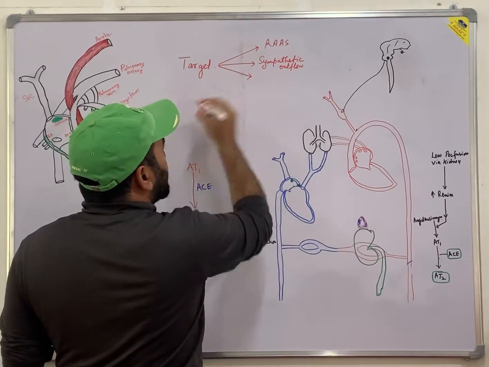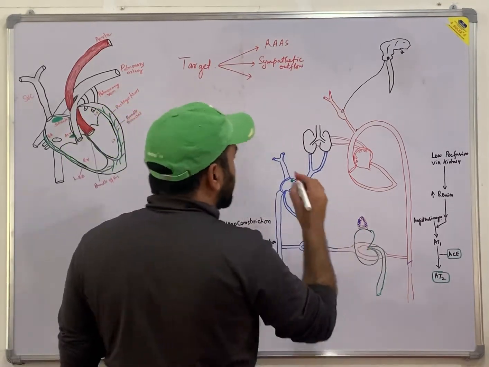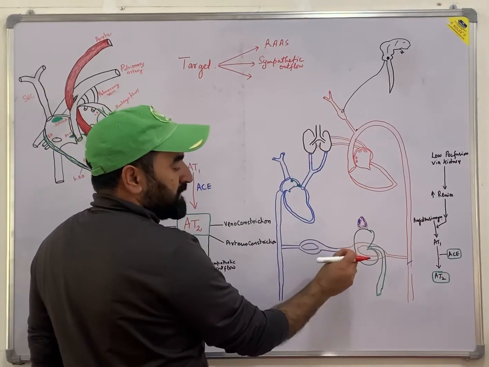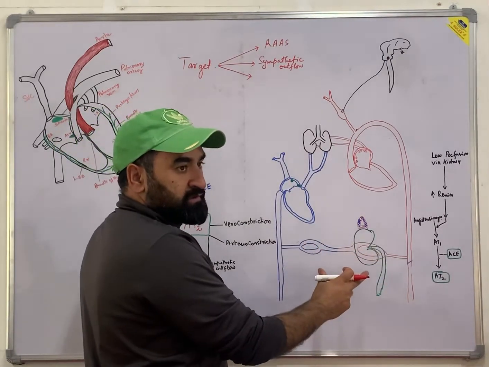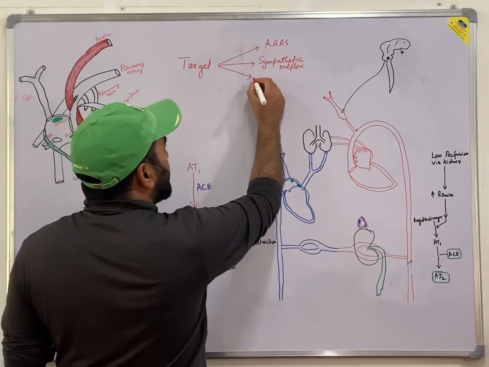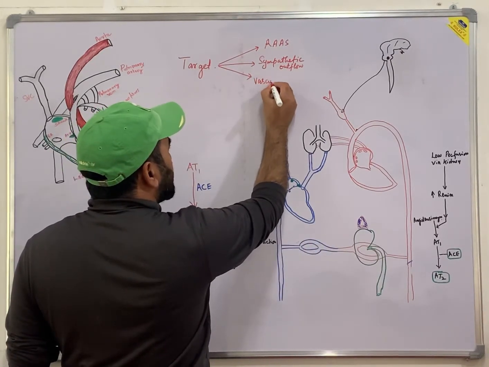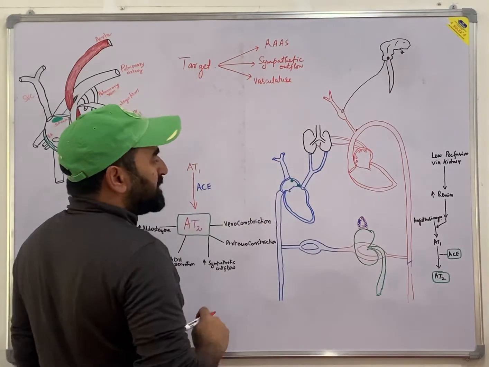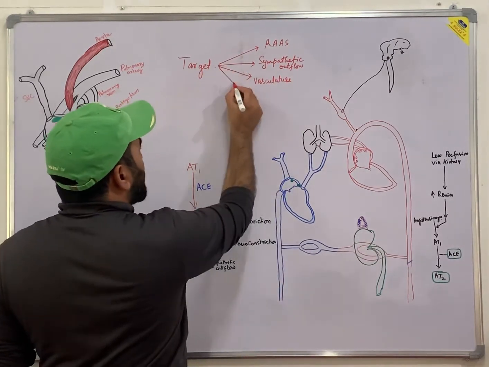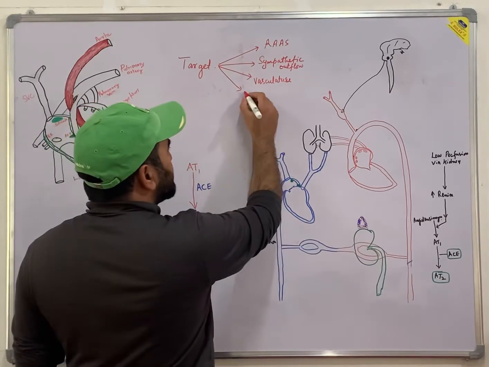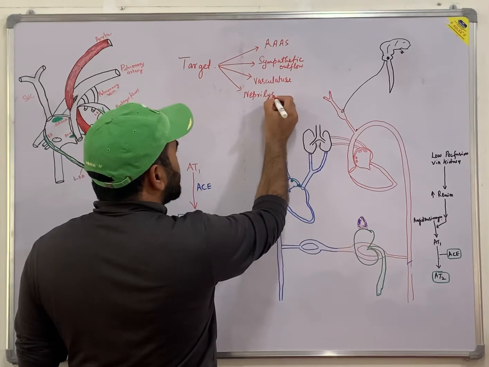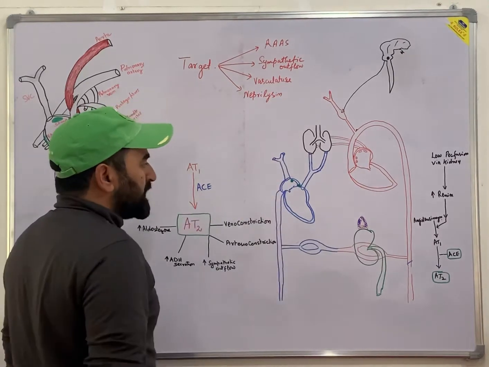You need to target the vasculature system. That means you need to target the vasculature. Number 6, you need to target certain enzymes. Say for example, Nephrolysin. What is this? I will let you know.